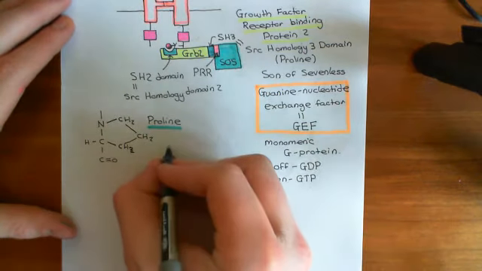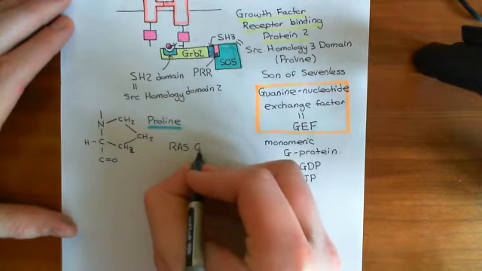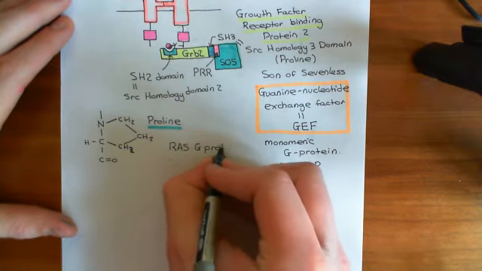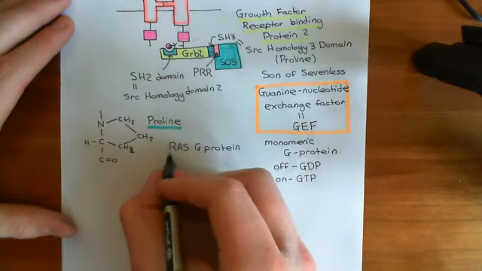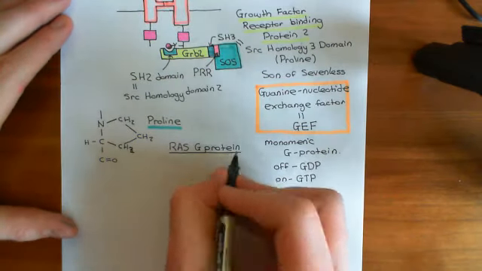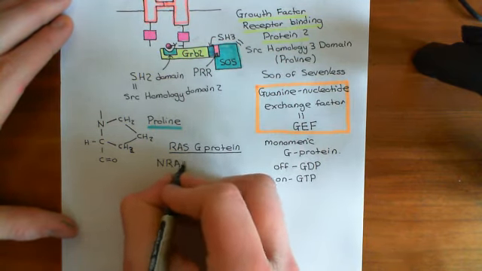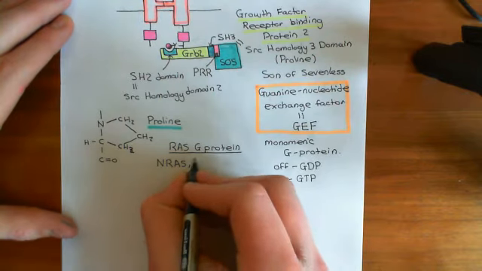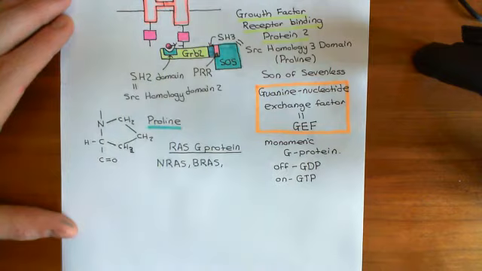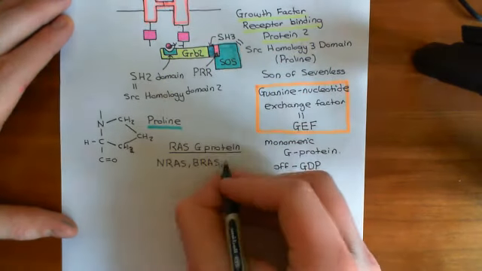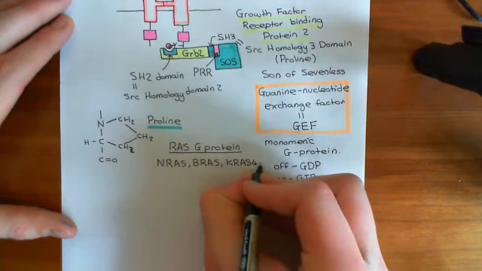Okay, so what is the monomeric G protein that SOS is going to activate? Well, it's going to be a Ras G protein. There are many different Ras G proteins, 4 in total. There is an NRAS, there is a HRAS, and then there are 2 KRASs: KRAS4A and KRAS4B.